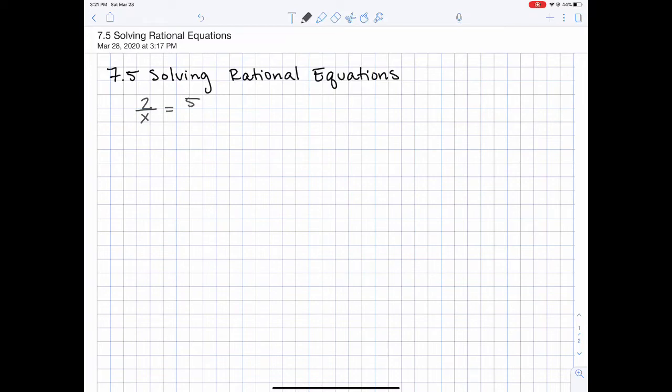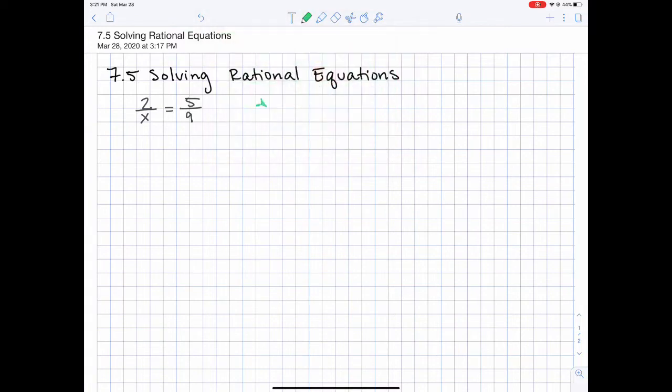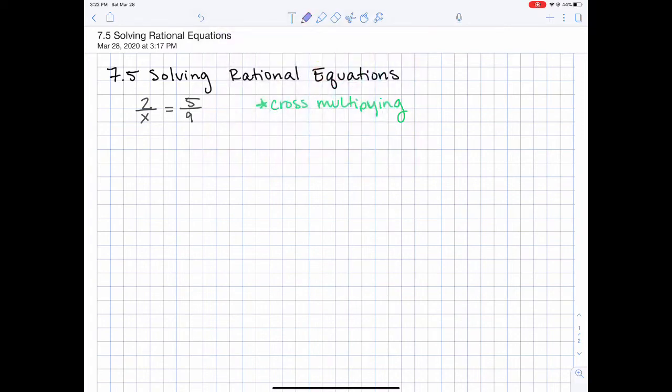And that's a ratio. Rational equations, ratio, first part of the word. And we're going to be using a method for this one that we call cross multiplying. So what we're going to do, and you guys have all done this before, is take our two terms over here and multiply them together.